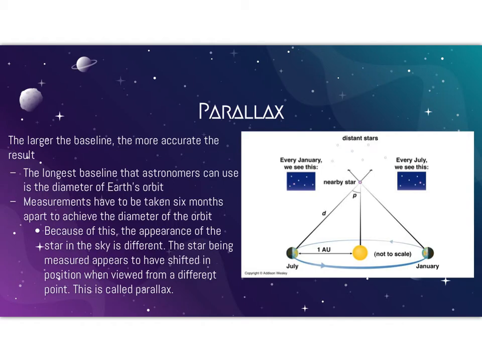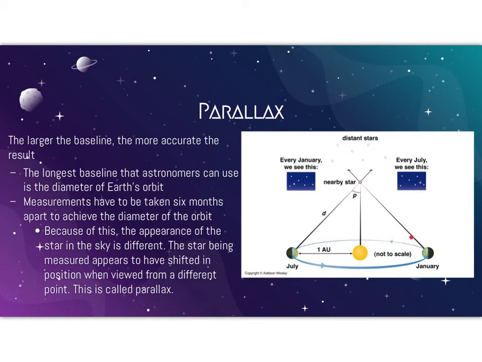However, because of this, the appearance of the star in the sky is different. When I'm viewing this star, it's pink here in our little diagram. As I view it in July, we see its position relative to other stars like this. Again, here's the star here.